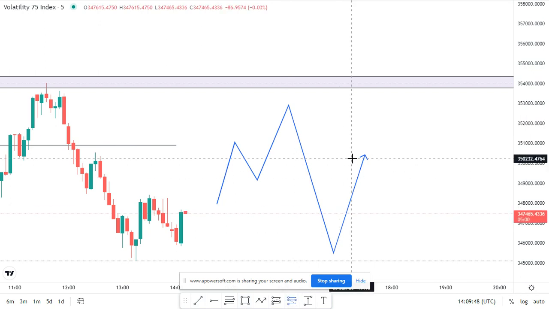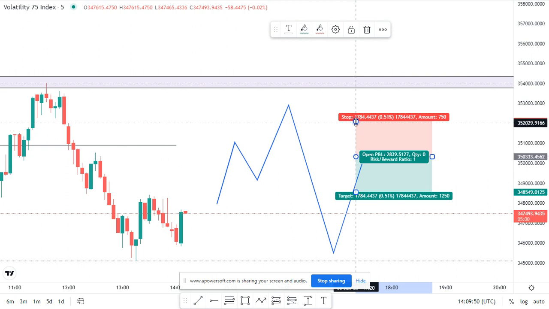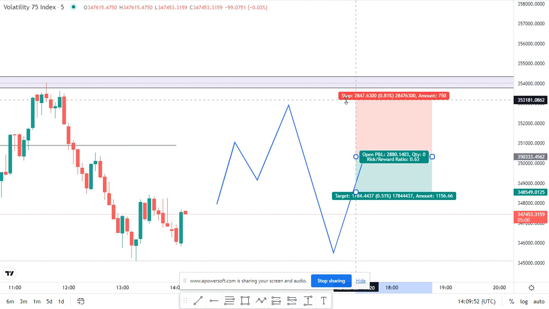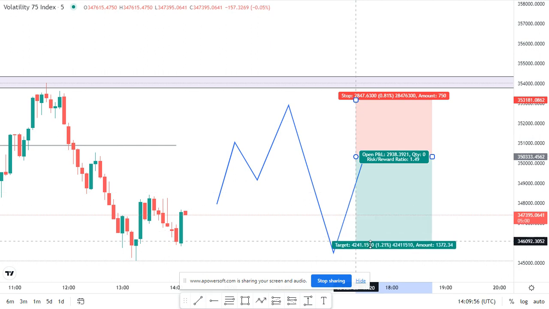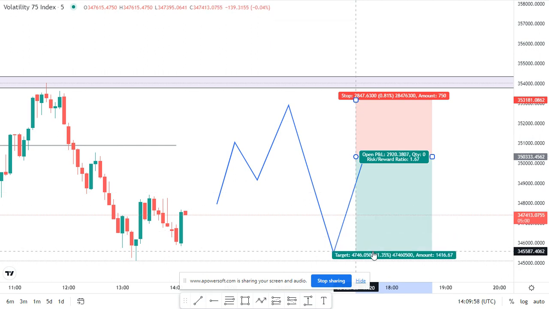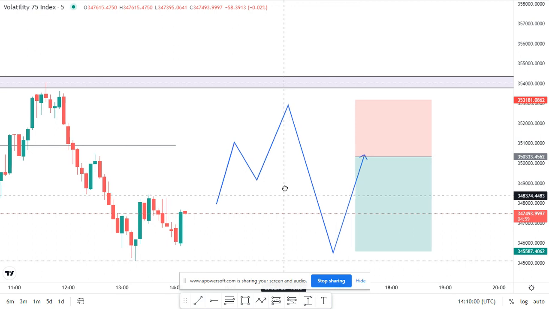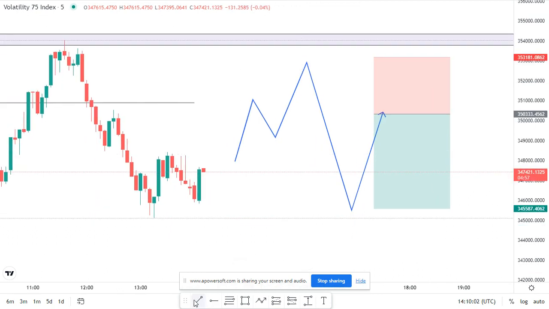Our stop loss has to be above this high, and the first target is going to be here, right?